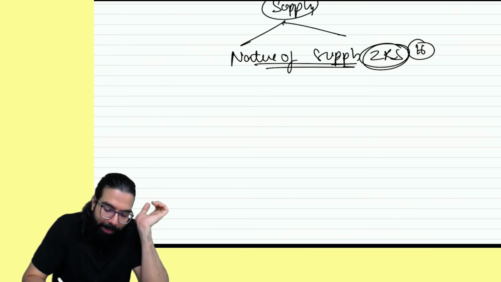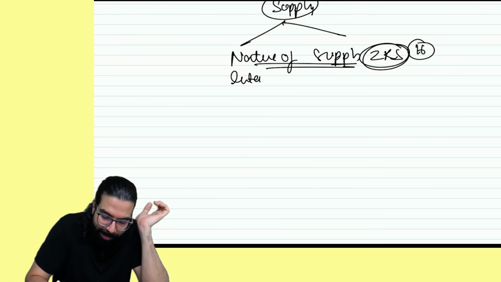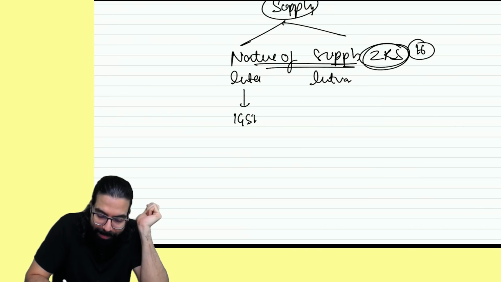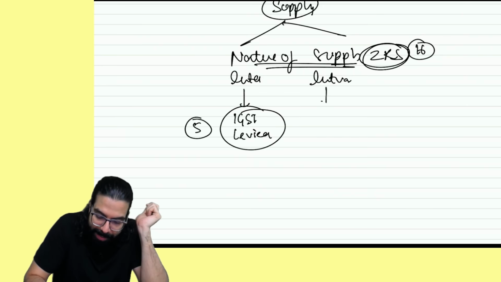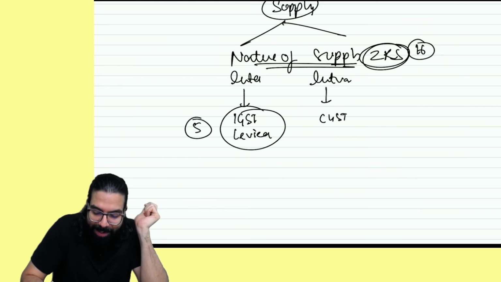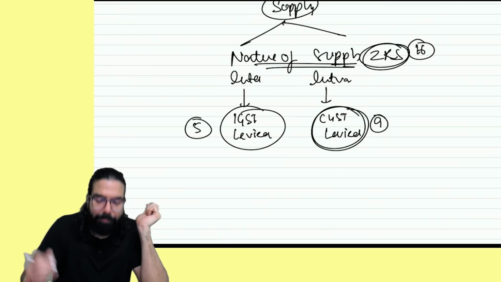Now, when goods and service are supplied interstate or intrastate, everyone listen to me very carefully. Interstate, IGST gets levied under section number 5. And intrastate, CGST and SGST gets levied under section number 9.